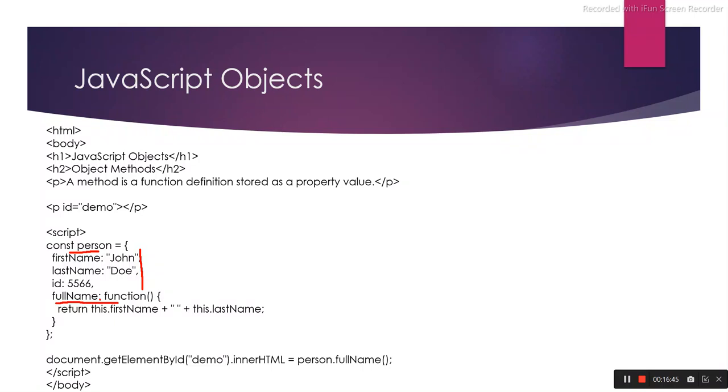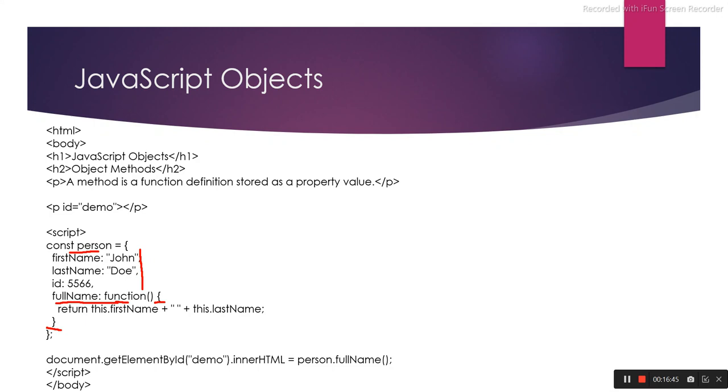Full name is the function name, then a colon, and I declare it as a function. What this function is going to do, I write within the open and close brackets. What it returns is this dot first name plus, that is a concatenation, joined with this dot last name. I am just concatenating first name and last name and returning the result. That's it, nothing else.